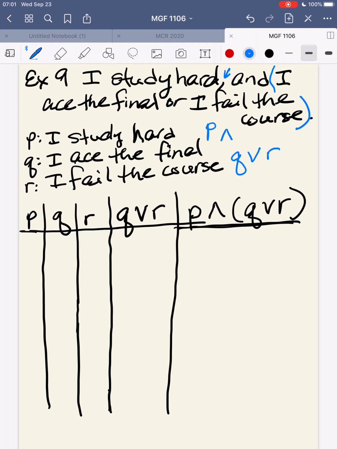This is the first one where we've actually had 3 items, and when we have 3 items, our truth table gets really big really quick. So instead of having 4 rows with P and Q, we are now doubling it and going to 8. How are we organizing this? For our P, we need 8 items, so we're going to have 4 trues and 4 falses.